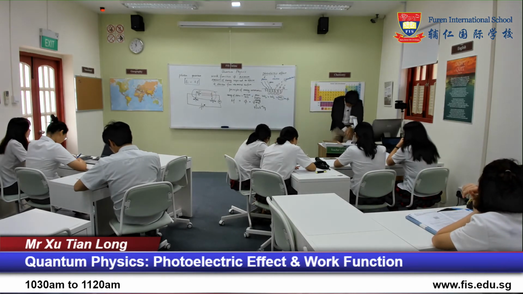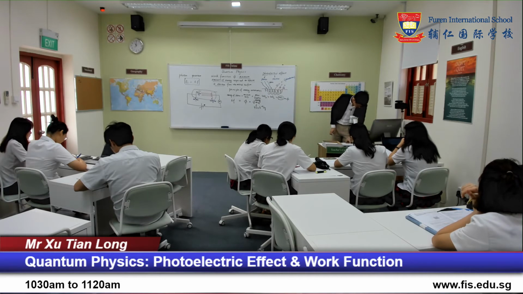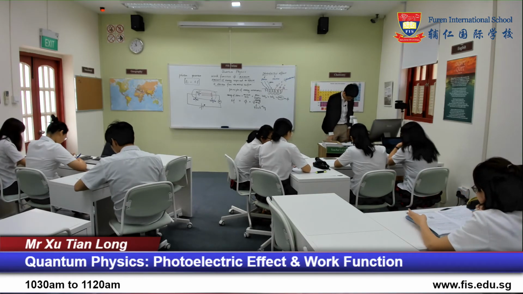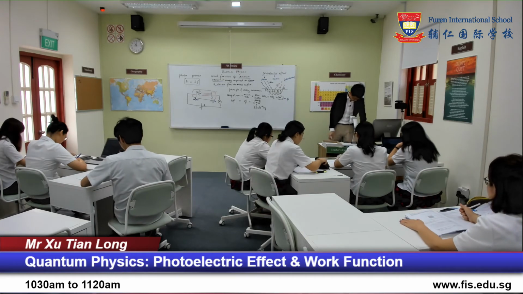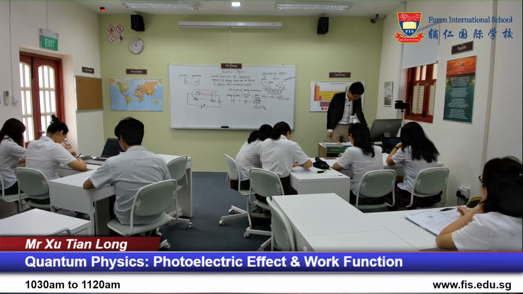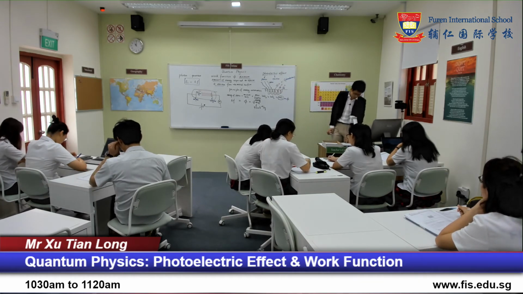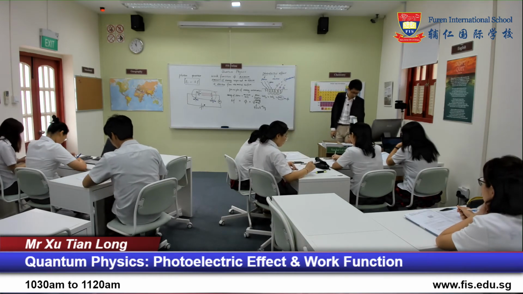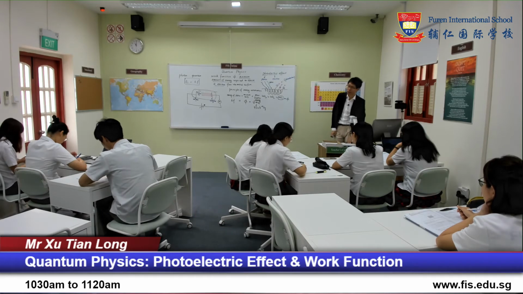So turn to page 8. On top of page 8, we have the definition of work function: the minimum amount of energy needed to remove an electron from the surface. You need to remember this definition.